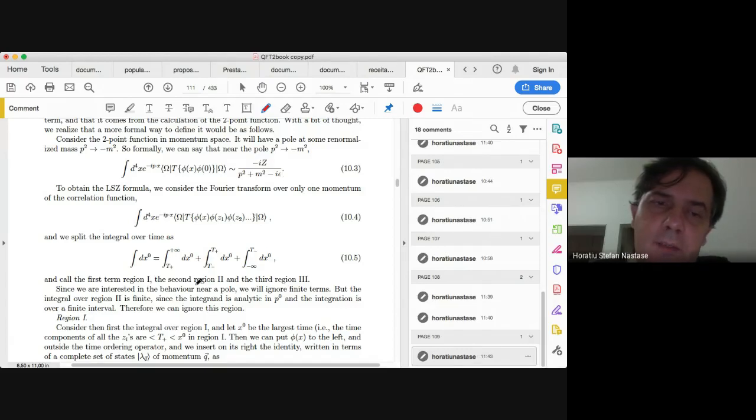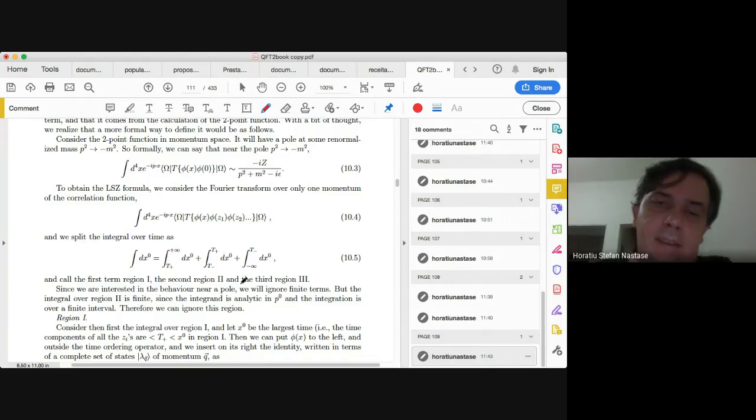So that means that finite terms will be ignored, and the integrand, the correlation function, is analytic in P0, and this interval is also finite.